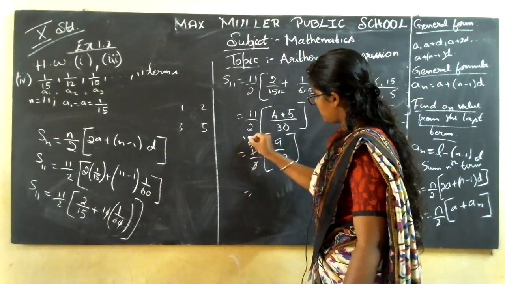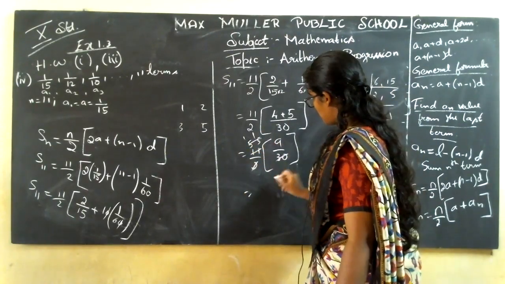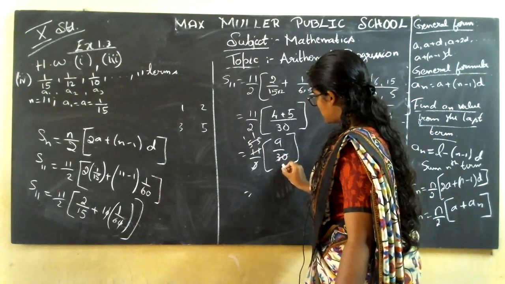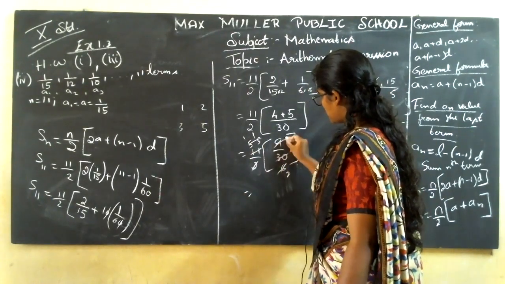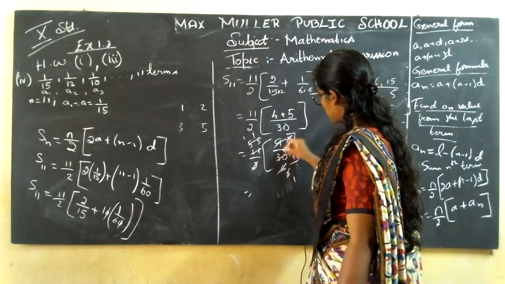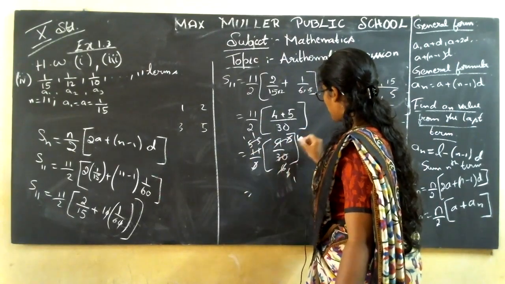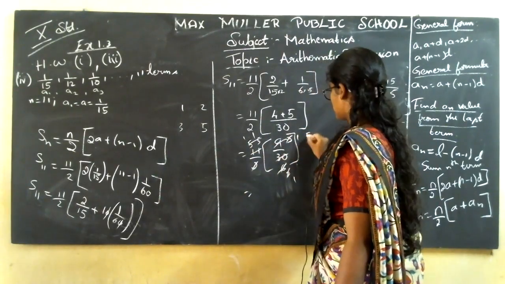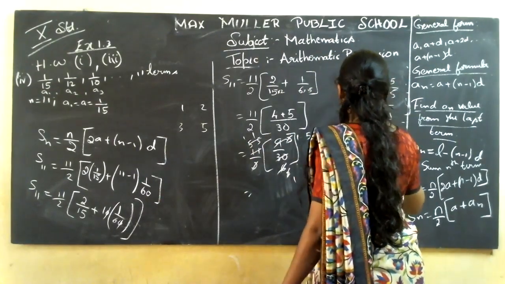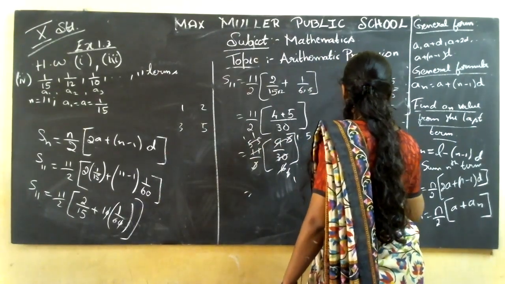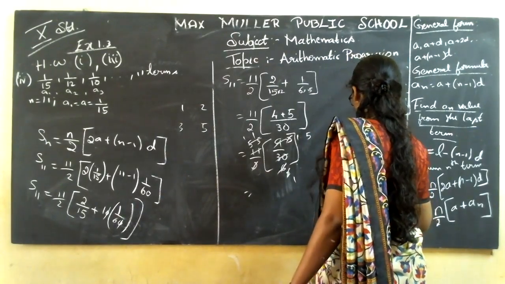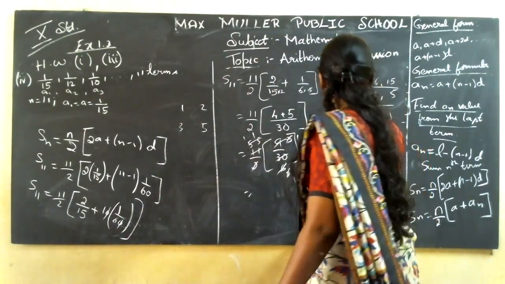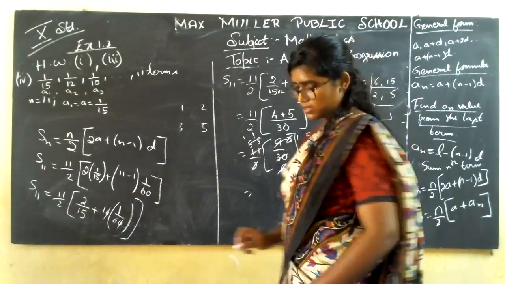Then 5 1s are 5, 6 5s are 30, 3 2s are 6, 2 1s are 2, 2 point again 1 5. So you get it as 1.1 into 1.5. So 5 5 plus 1 1 5, 6 1. So it is 1.16.